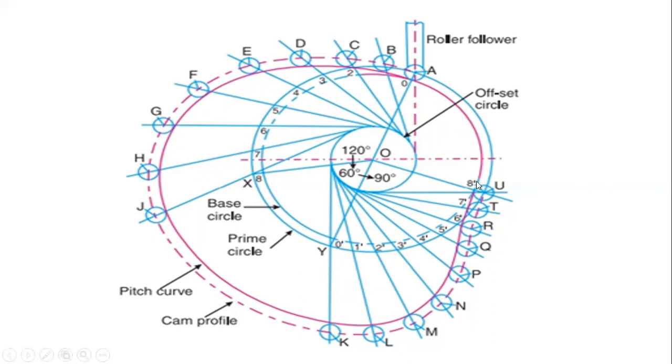Then the remaining position is the dwell period. So we have to draw these with a freehand curve for the return stroke, and the dwell period is drawn on the base circle line.